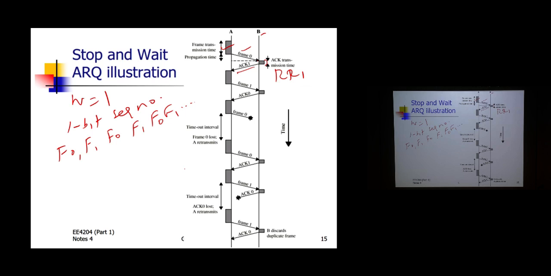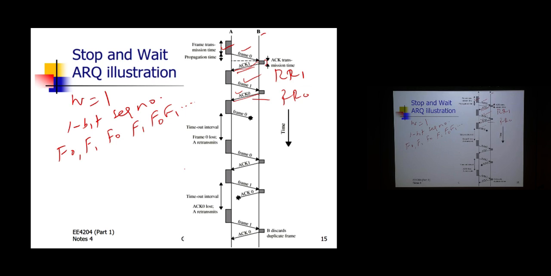ACK1 means the receiver is ready to receive frame number 1. That means it acknowledges the previous frame, frame number 0. When it's received here, the sender transmits frame number 1. Then the receiver sends ACK0. ACK0 is RR0. That means the receiver is ready to receive frame number 0.